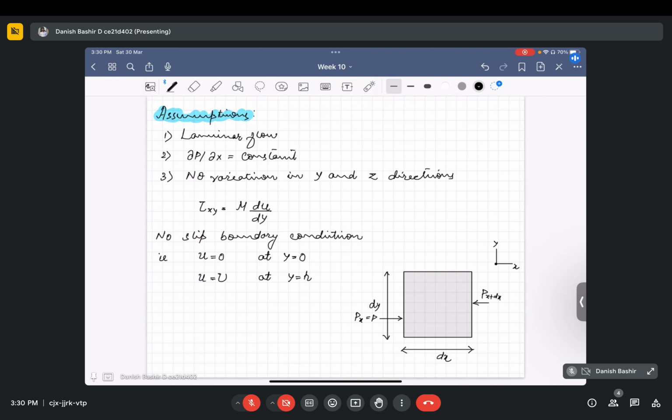Obviously, the pressure will be equal to P plus the variation, dou P by dou x times dx.